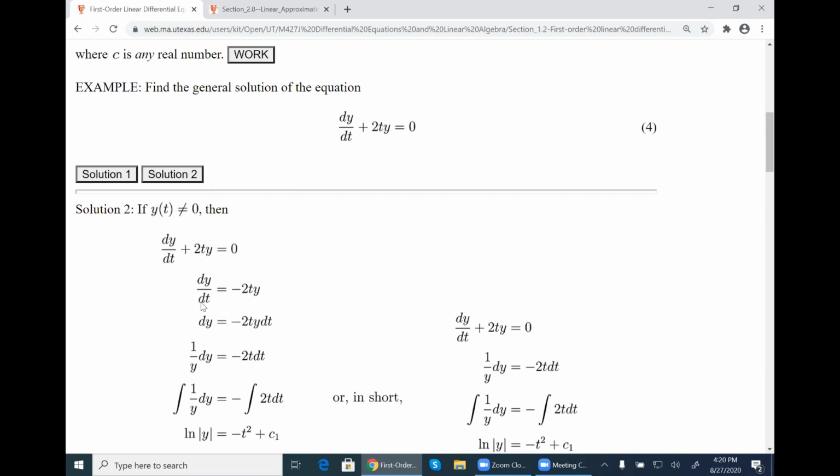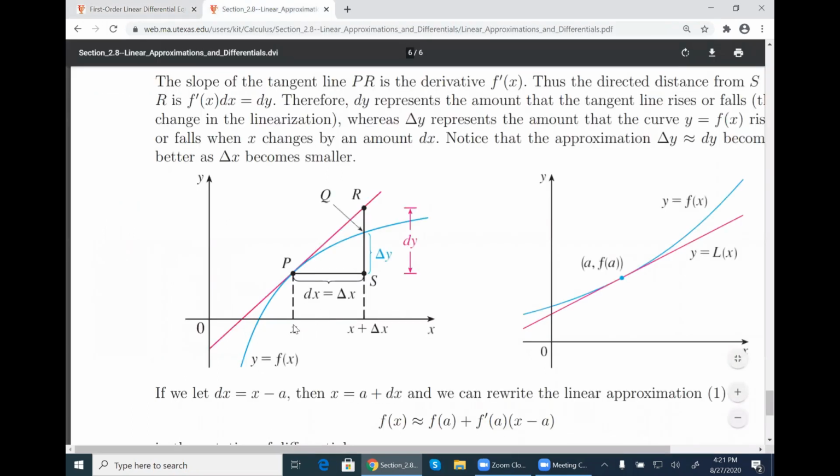We think about y prime as a fraction. Y prime is equal to rise over run. After that, we move dt to the right, and the result follows. So, in short, differential dy is the jump of the tangent line when we move from x, dx units to the right or to the left.